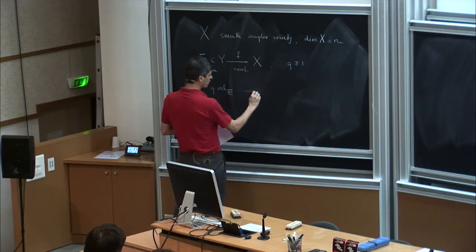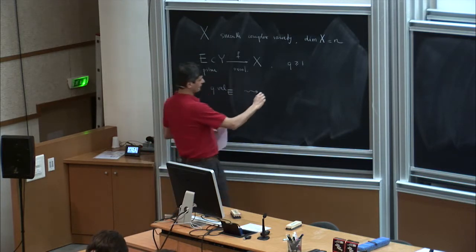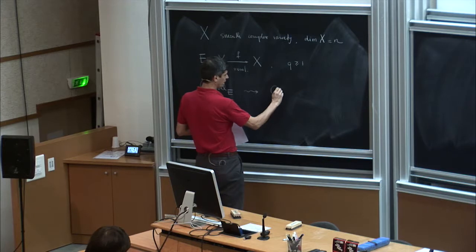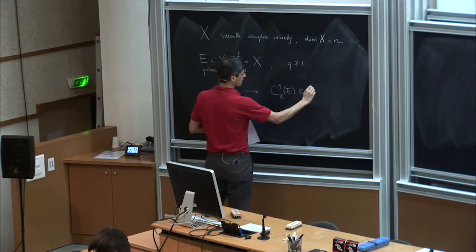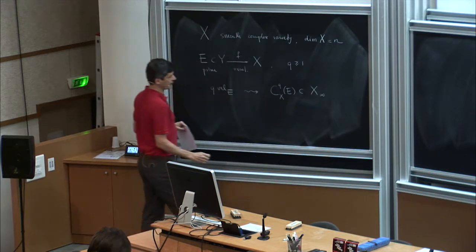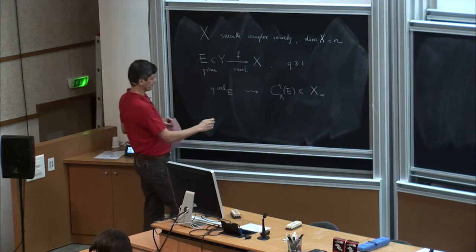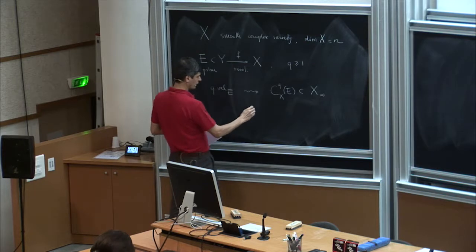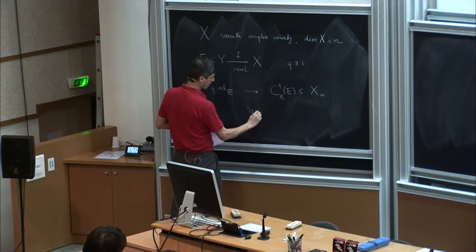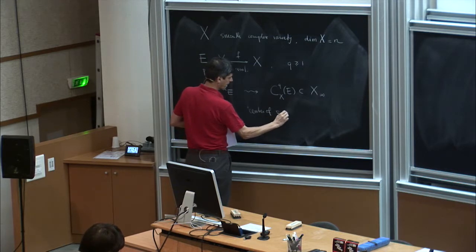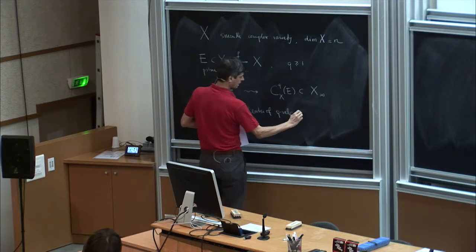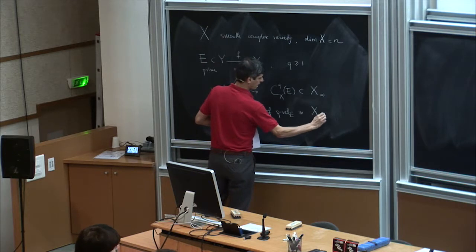And to this, I would like to associate a subset in the arc space, which I'm going to denote by C_Q^X(E) inside X_infinity. I want to think about this as a sort of center of the valuation in the arc space.